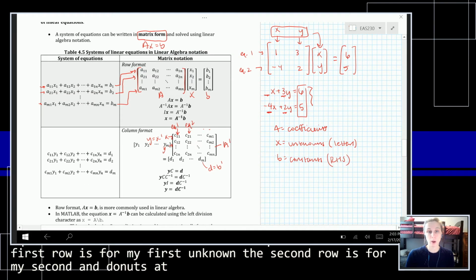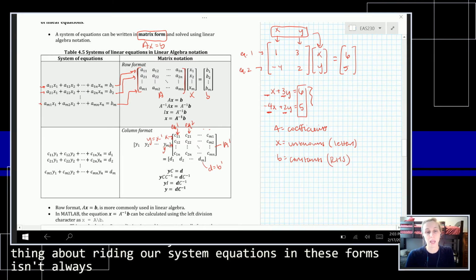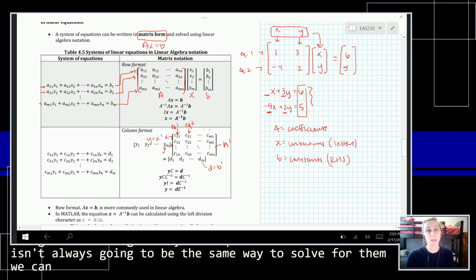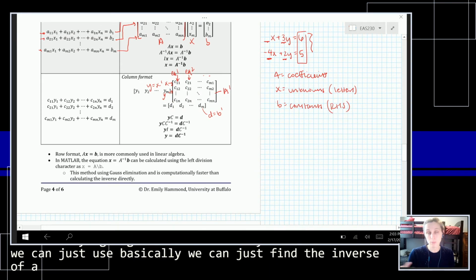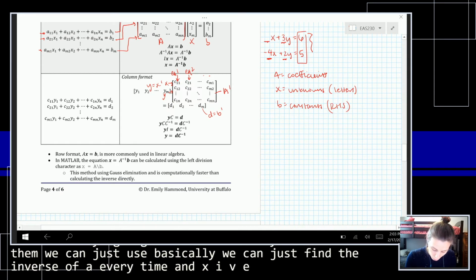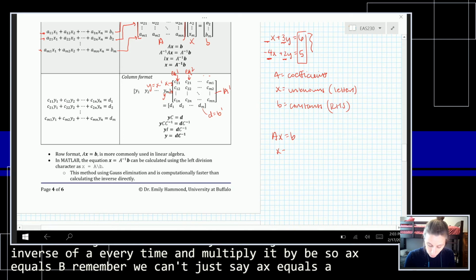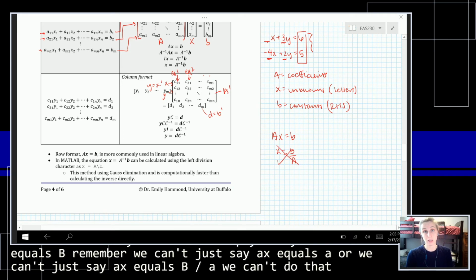The nice thing about writing our system of equations in these forms is it's always going to be the same way to solve for them. We can just find the inverse of A every time and multiply it by b. So Ax equals b. Remember, we can't just say x equals b divided by A. That's not valid. We can't just divide.